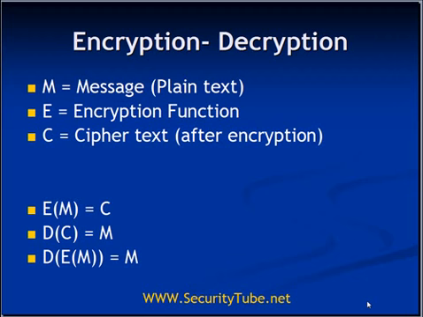Now D is the decryption function which is a counterpart of the encryption function. So D of C will be again the plain text message M, that is, the decryption of the encrypted message C, the ciphertext, will be again the plain text message M. Or in other words, D of E of M is again the plain text message M.